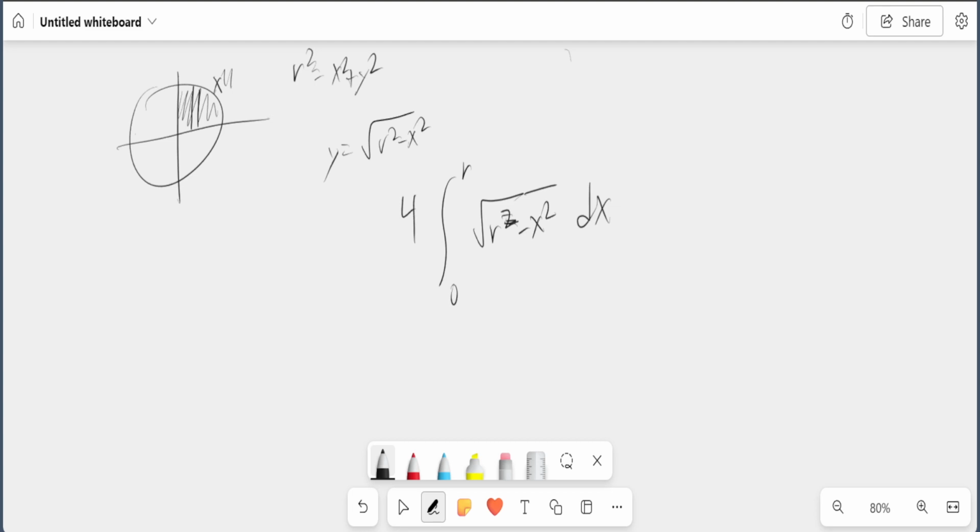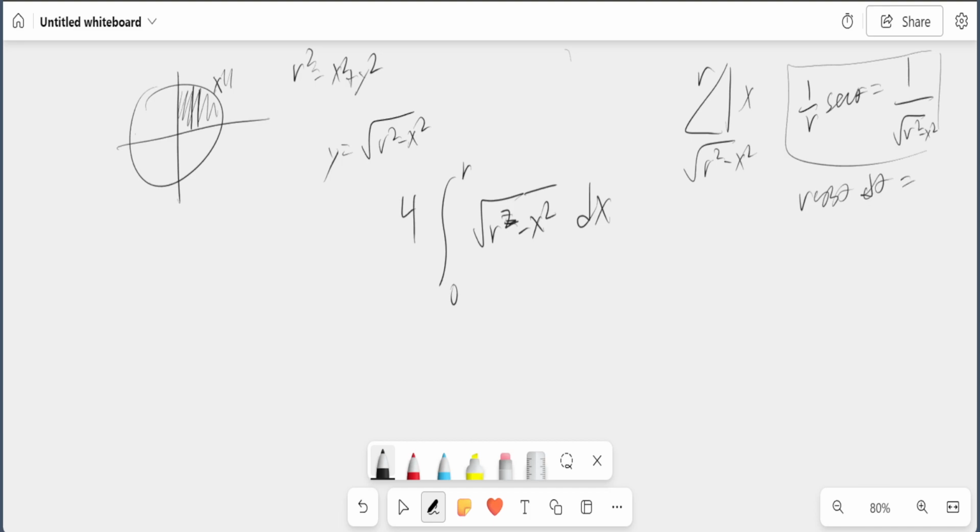Okay, so this is another triangle, I think. So this is 1 over r secant theta is equal to, that's one piece of our puzzle. And we want a dx, so that's r cosine theta. I'm just skipping through this part because we did a lot of this with our arc length, but that's that. So this is just d theta, which is theta, which is sine inverse.